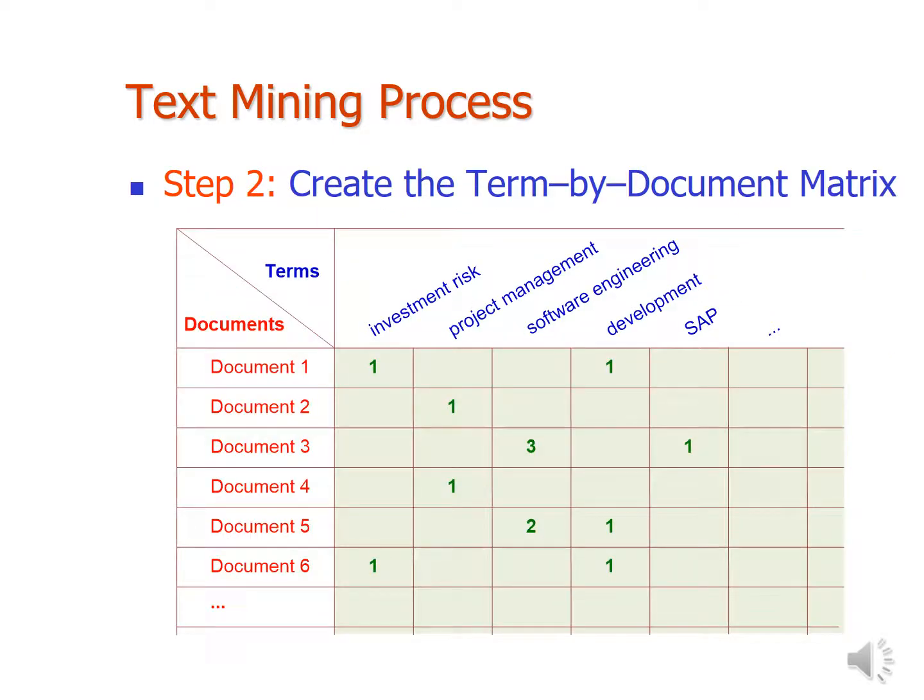In step 2, we do 2 things really. We clean up the data, throw away all the junk that we don't care about, and then we identify ways of being able to figure out where the terms are that we do care about. So in this example, there's a text sort of matrix that's created, a text by document matrix.